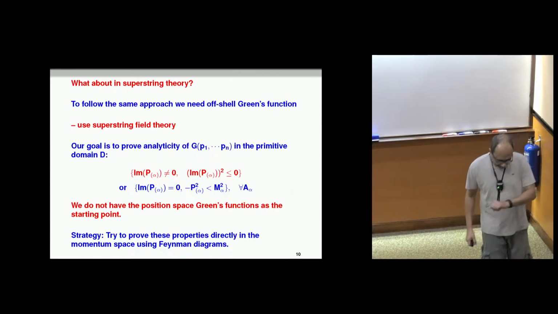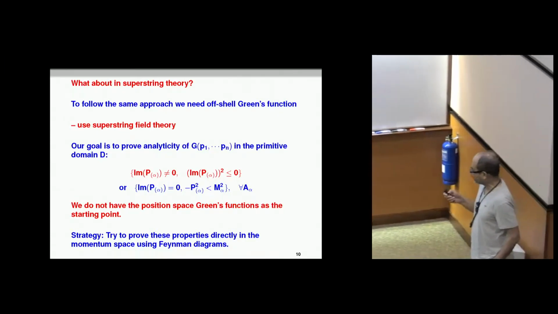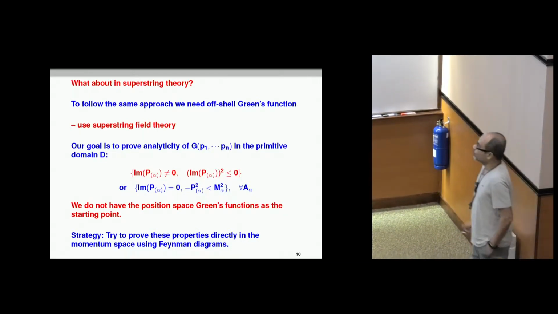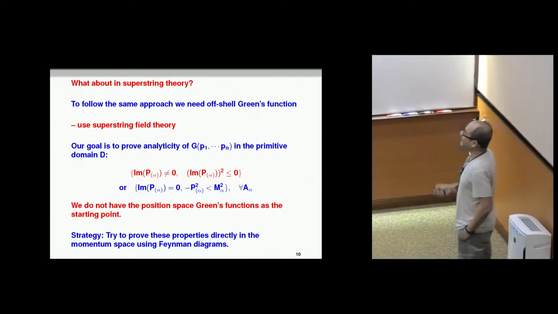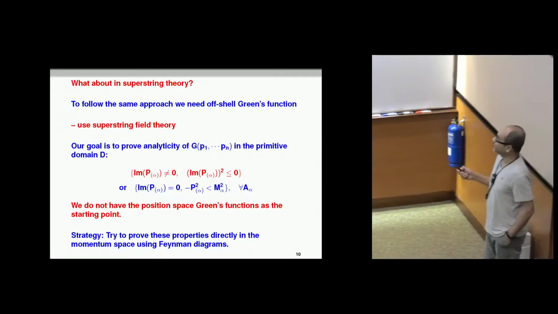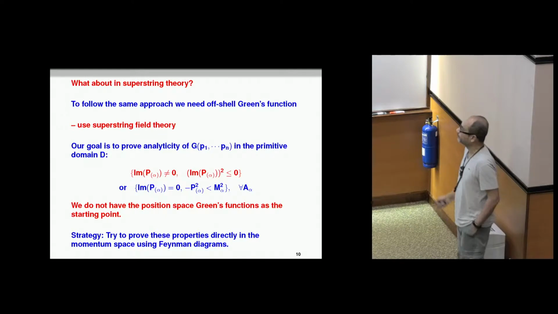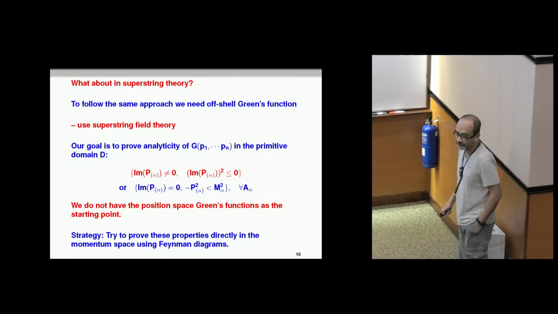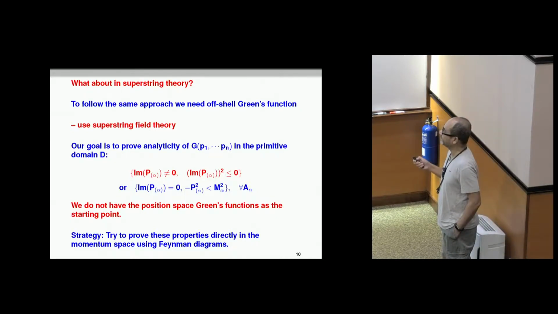So the question that we'll be interested in is what happens in superstring theory. We want to follow the same approach, and for that we need off-shell Green's functions. Of course standard superstring perturbation theory doesn't tell us how to compute off-shell Green's functions, but we can use superstring field theory to define them, and then we can try to see if we can prove these results.